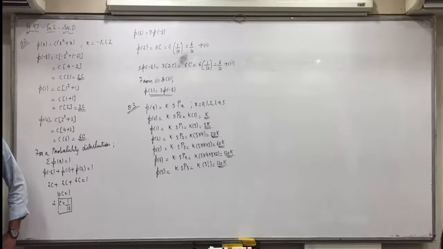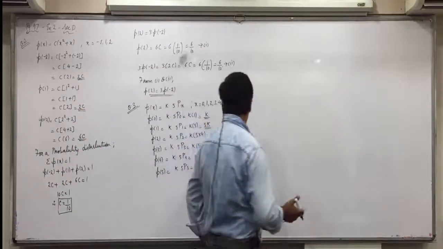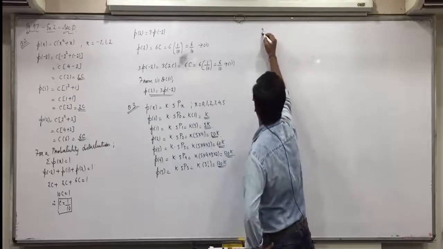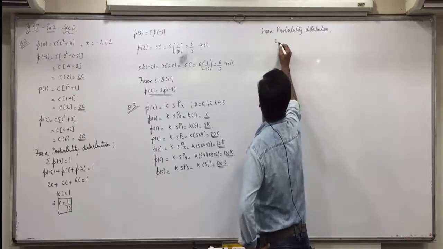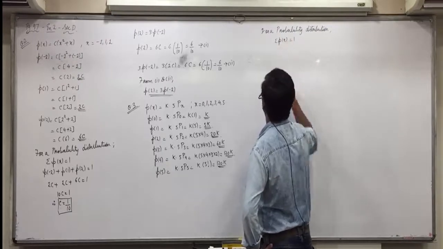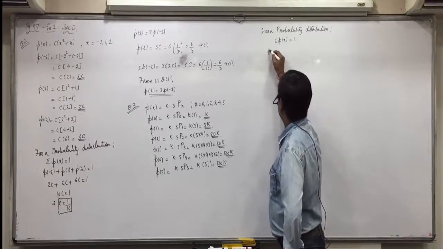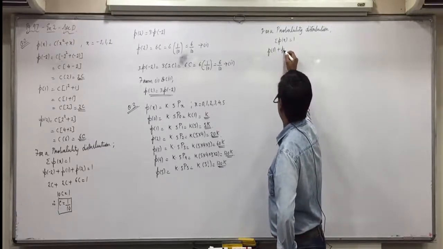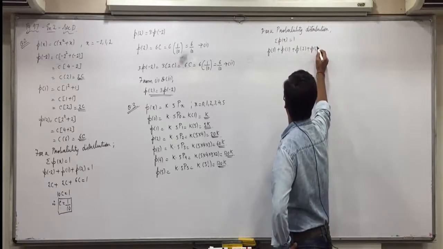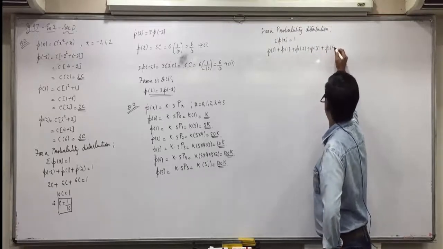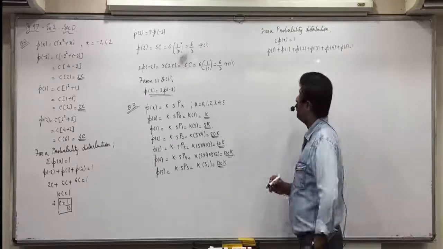Yes. Now again we have to do sigma P(x) equals 1 to find the value of k. For a probability distribution, sigma P(x) is equal to 1. So P0 plus P1 plus P2 plus P3 plus P4 plus P5 is equal to 1.